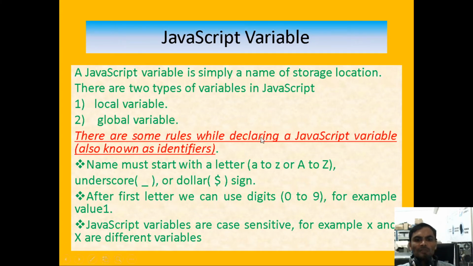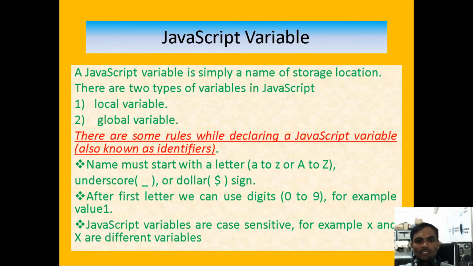Some rules for declaring JavaScript variables, which are also known as identifiers. What are identifiers in JavaScript? The variable name we define is called an identifier.